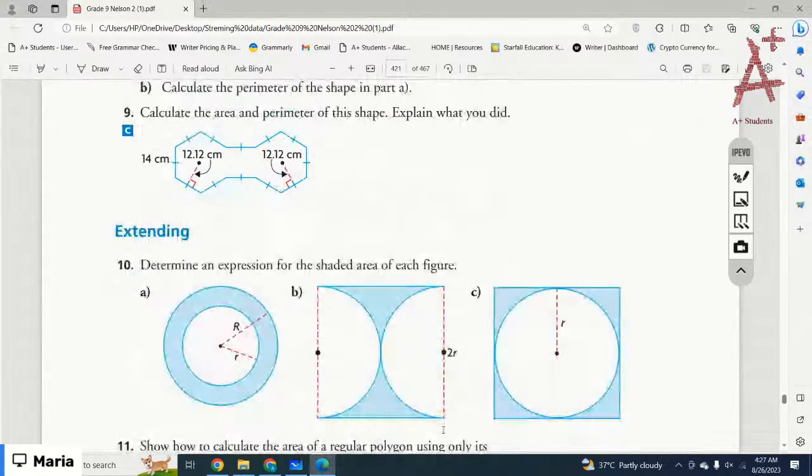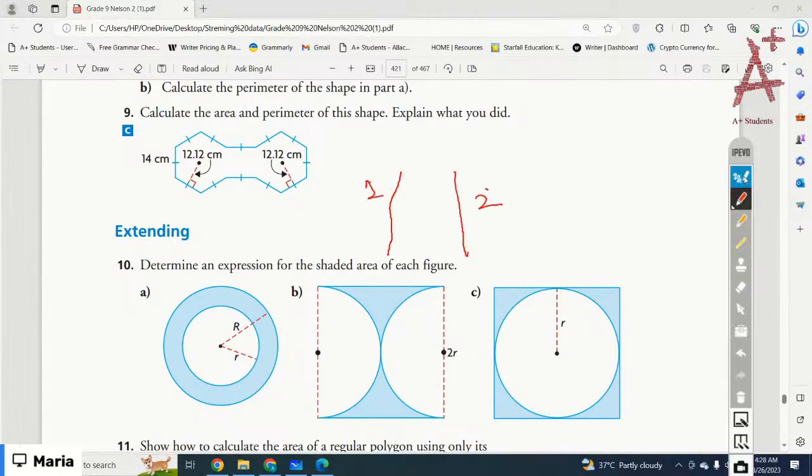Question number 9. Calculate the area and perimeter of the shape. Explain what you did. Okay, you can see we can divide it like this. This one and this one.